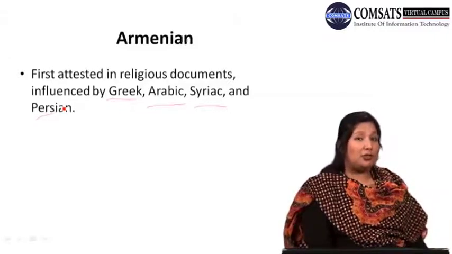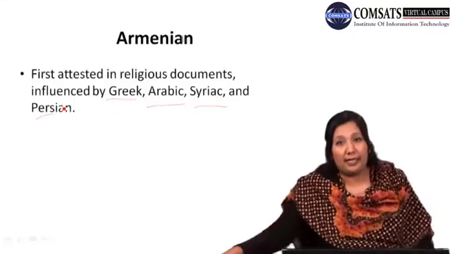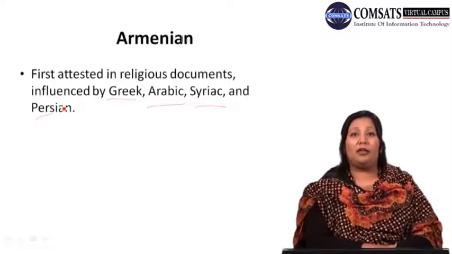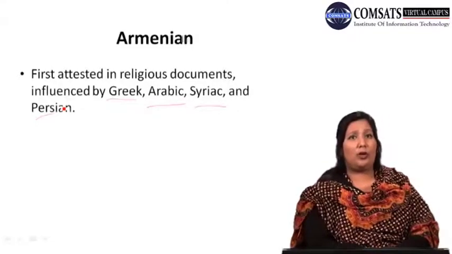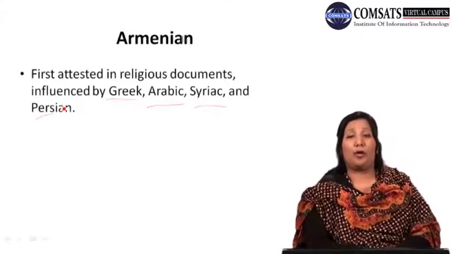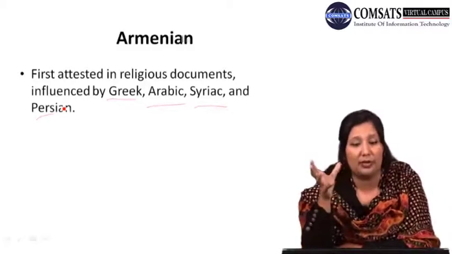The first attestation, or the first evidence of a language that we are finding, is actually in the religious documents. Most of the languages would have their representation in religious documents, because religion is the most important and most integral part of one's society.